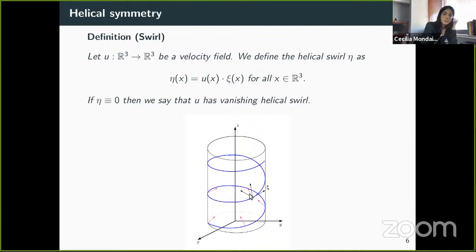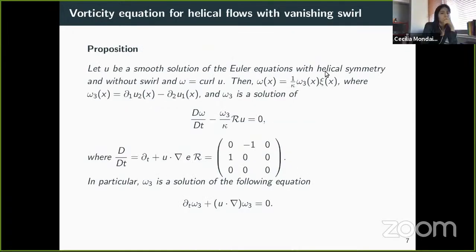So is this what's making the solution be given in terms of that third component of the vorticity? Yes. Okay. With the helicosymmetry we're able to, yes. The vorticity just in terms of the third component in this direction here.